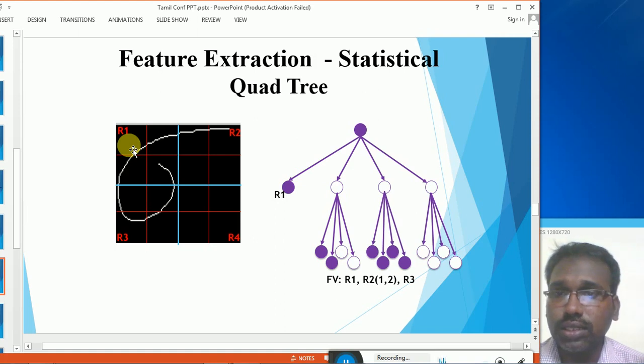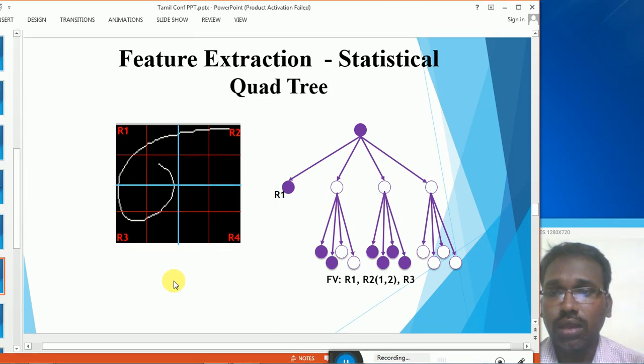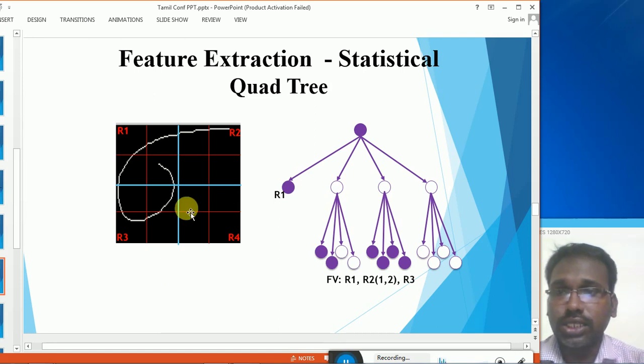Each quad is further divided into 4 subquads, and the pixel density is calculated in each subquad.